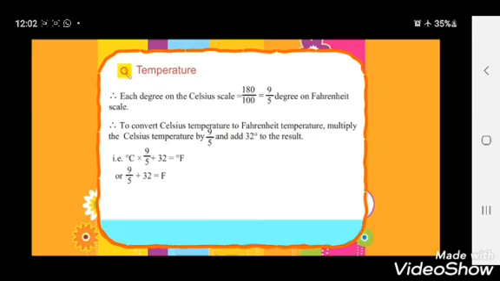Example 1. Normal body temperature equals 37 degrees Celsius. Therefore, 9 upon 5 into 37 plus 32 equals 66.6 plus 32 equals 98.6 degrees Fahrenheit.